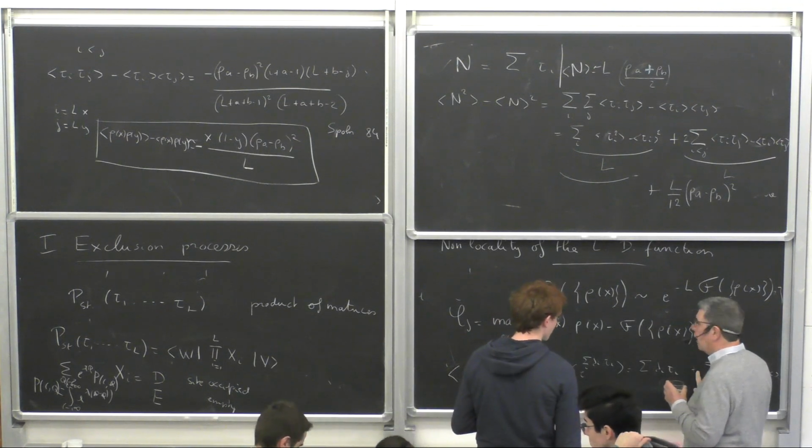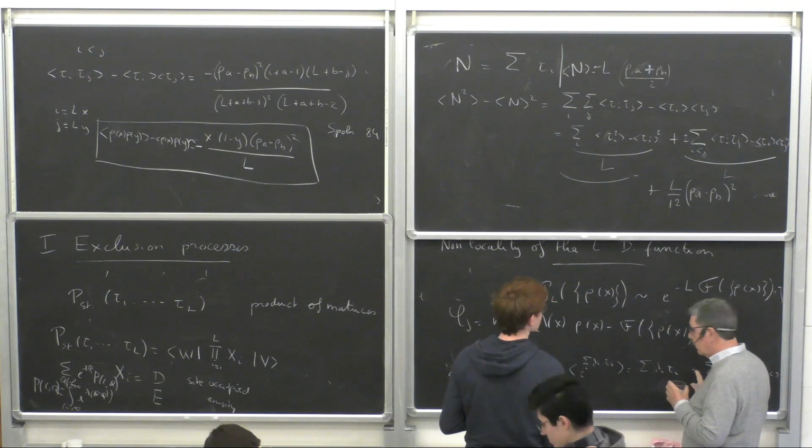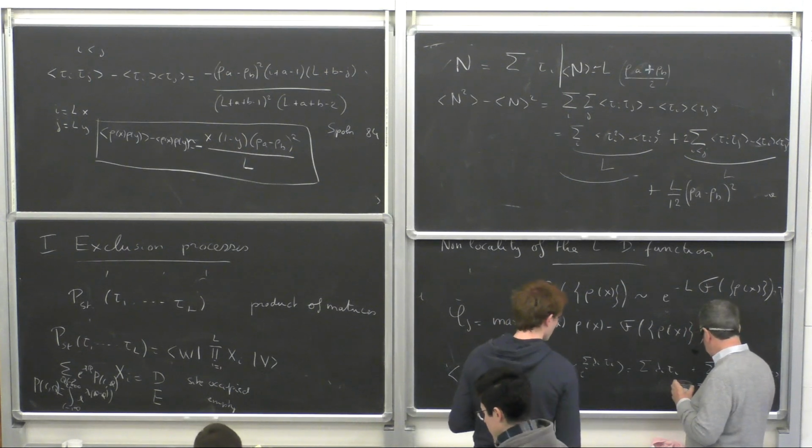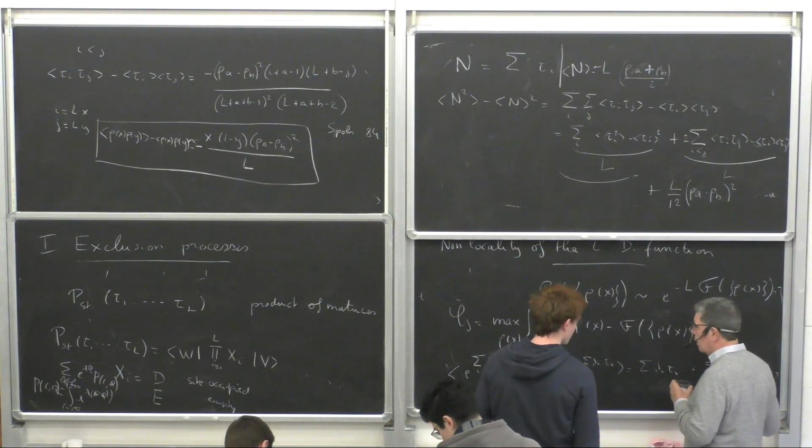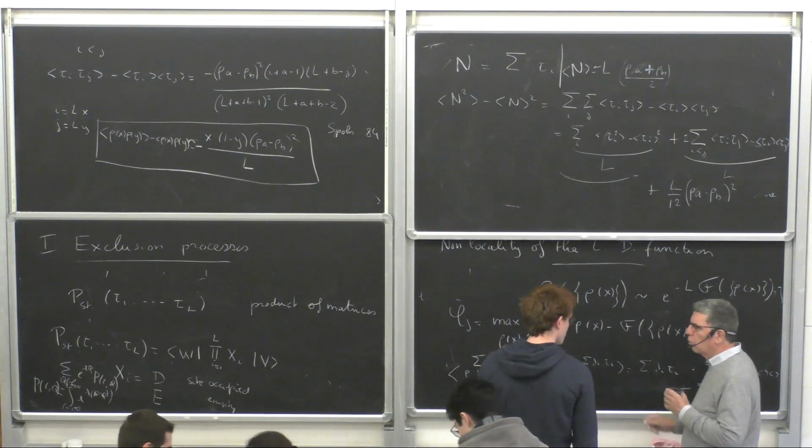This is 1 over L, but there are L squared of them. The third thing will be a sum over i, j, k. Anyway, with this matrix product, you can compute everything you like.